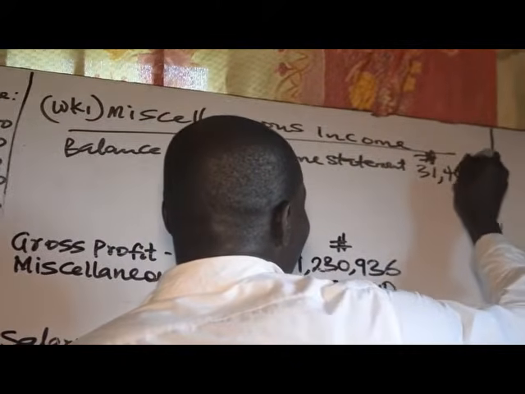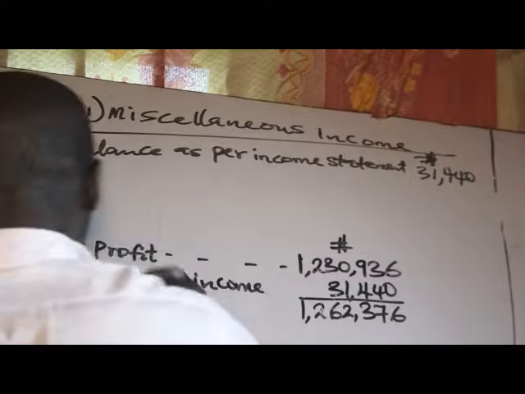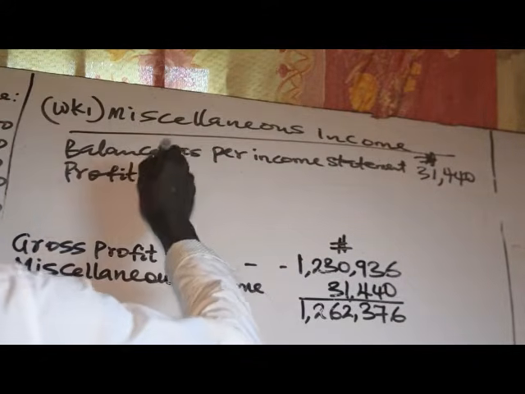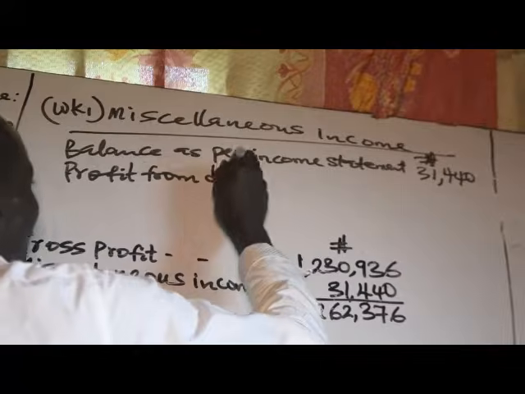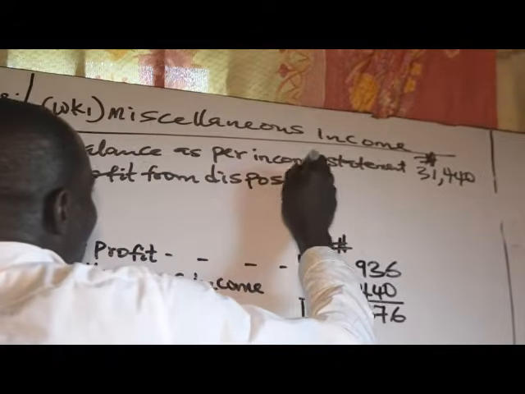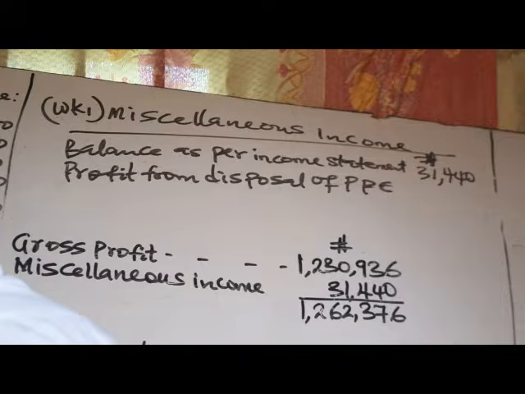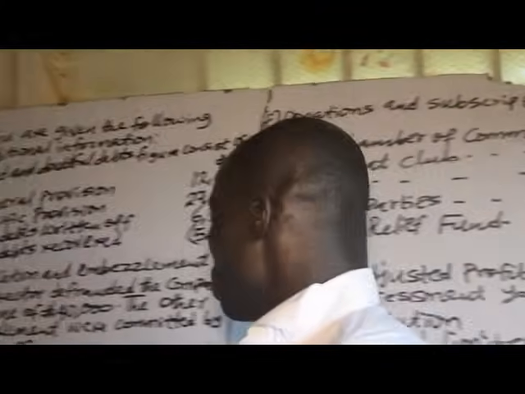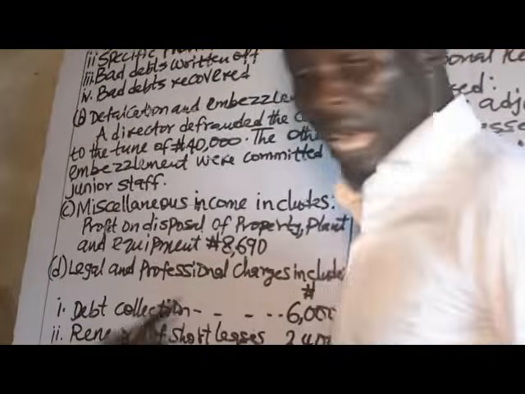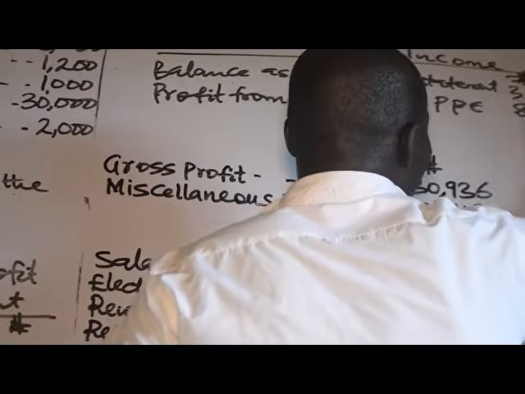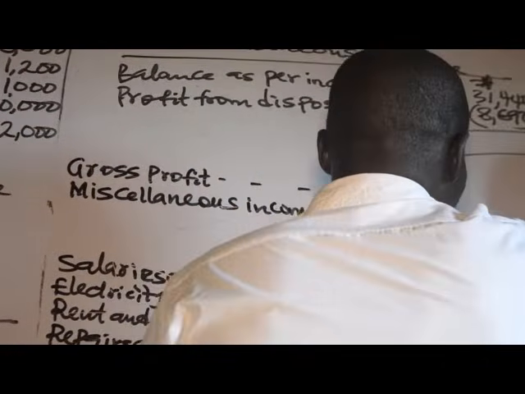From this, you less profit from disposal of PPE, note C, and that amounted to 8,690.